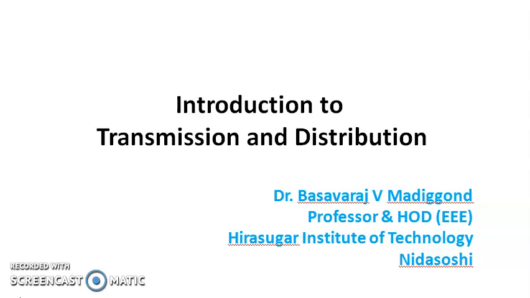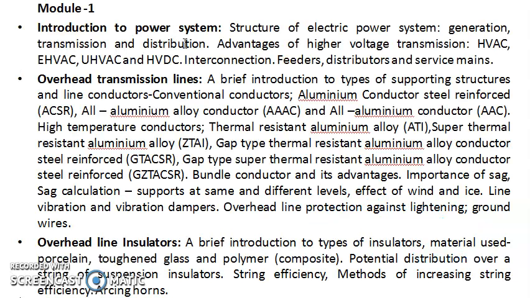The first module deals with Introduction to Power System, in which we will study the structure of electrical power system, that is generation, transmission and distribution, advantages of high voltage transmission, HVAC (high voltage AC transmission), EHVAC (extra high voltage AC transmission), UHVAC (ultra high voltage AC transmission), and HVDC (high voltage direct current transmission). Interconnection, feeders, distributors and service mains. This will be the first part of module 1.